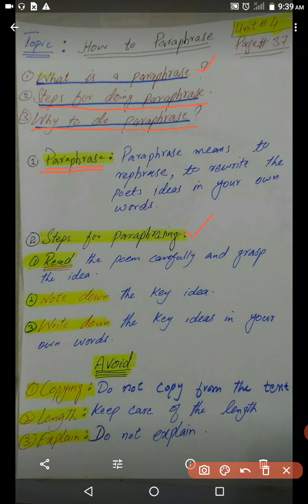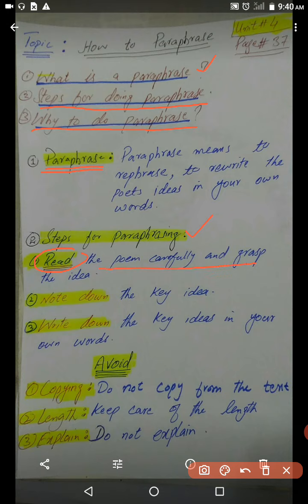Now here we are having a few steps for doing paraphrase. The first one is reading the poem carefully. This is very important, because when you are doing paraphrase, you are not supposed to change the idea of the poem or to include any further idea in your paraphrasing. What you have to do, you have to grab the idea of the poet by reading the poem very carefully.